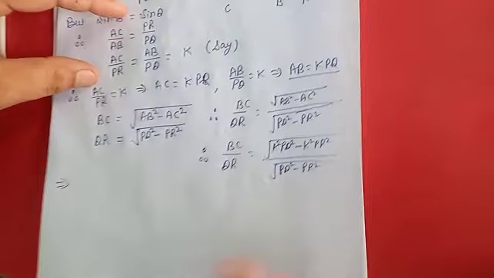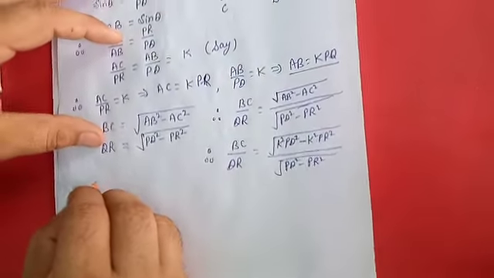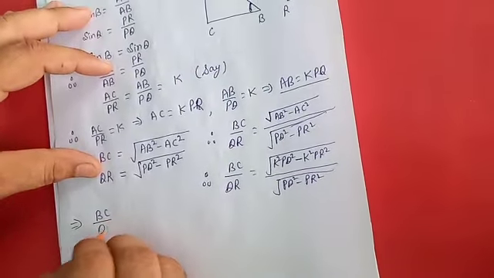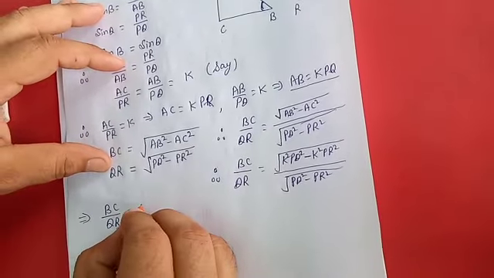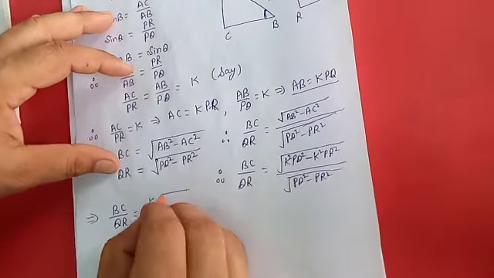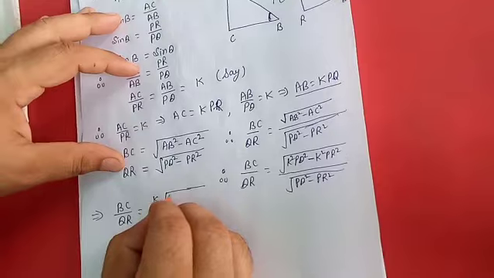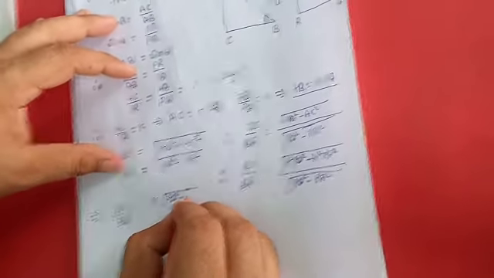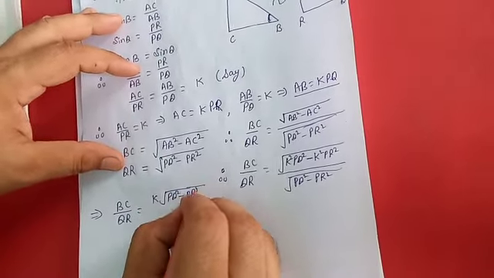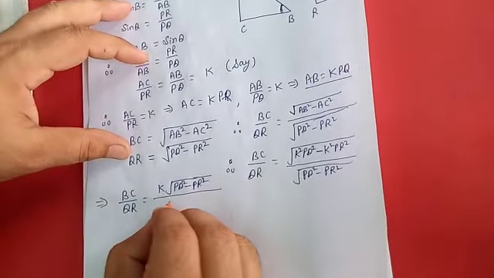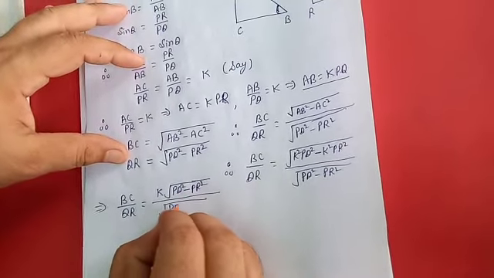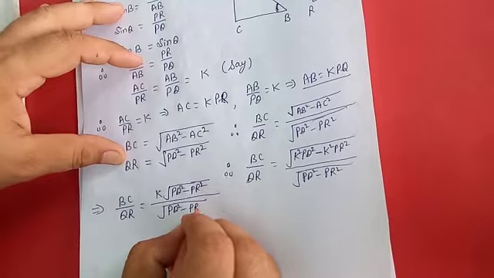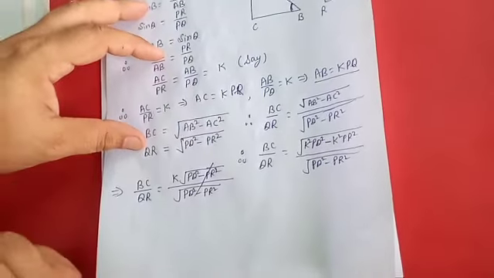So next step, write BC by QR is equal to K coming outside, inside what's left, PQ square minus PR square by under the root PQ square minus PR square, cancel out.